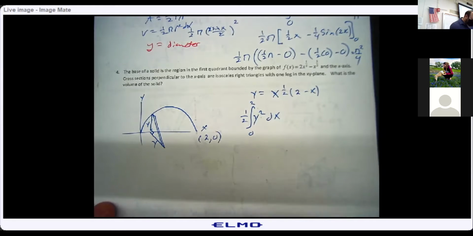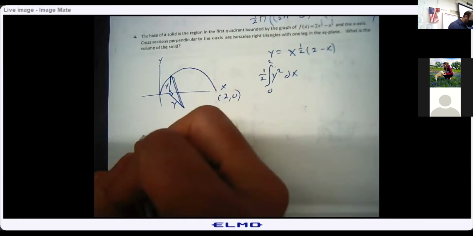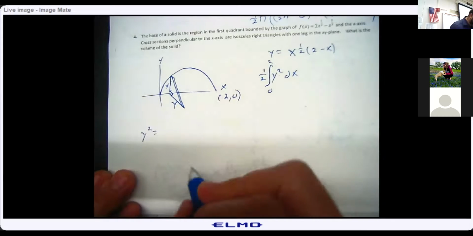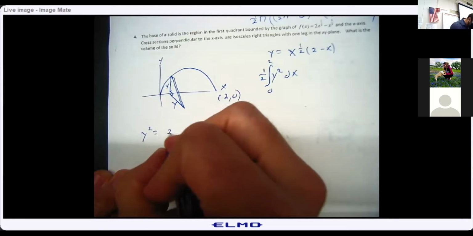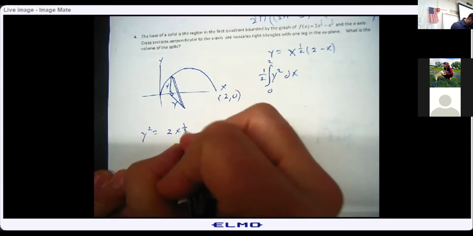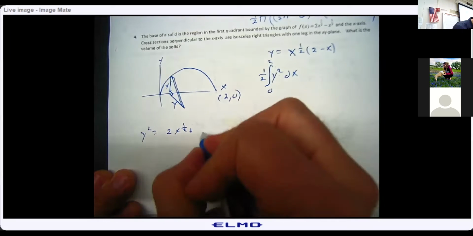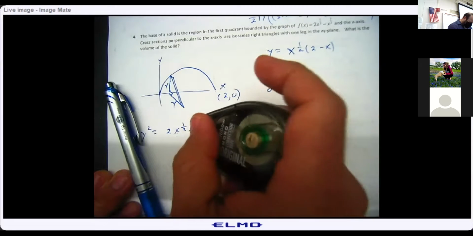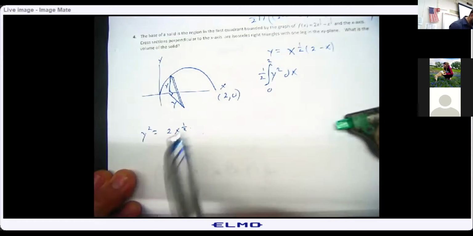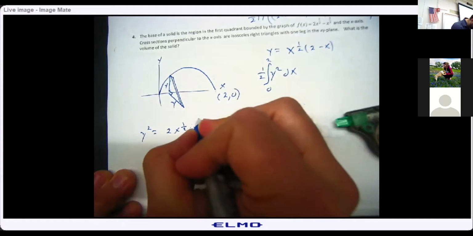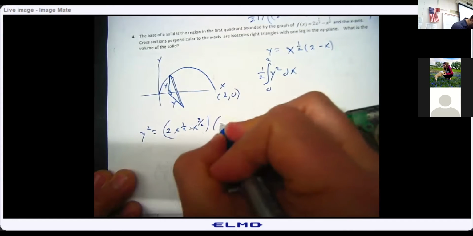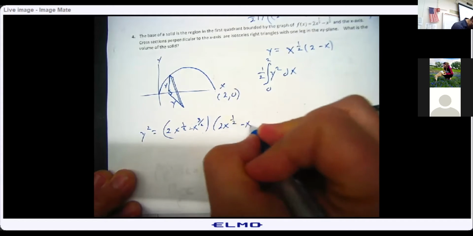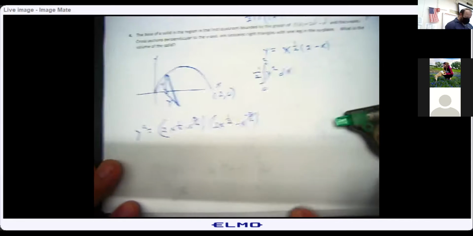The bummer is, what is y squared? So off to the side here, let's figure out what is y squared. Well, that would be 2x to the half minus x to the 3/2, times itself. What do you think?